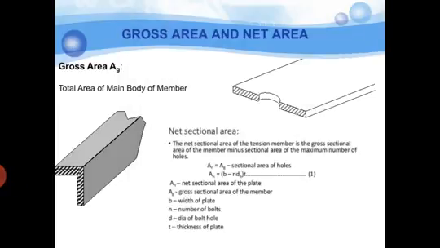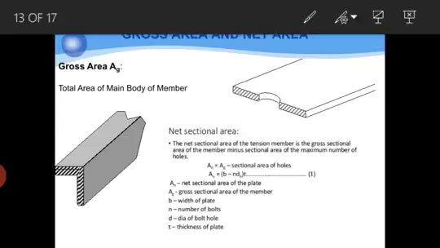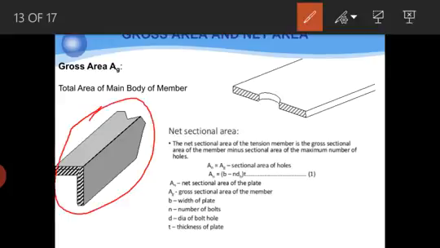If no holes are made in a tension member for its end connection, the cross sectional area is effective in resisting the tension. If holes are not made in the member, then it is called the gross area, that is the total area of the main body of the member.